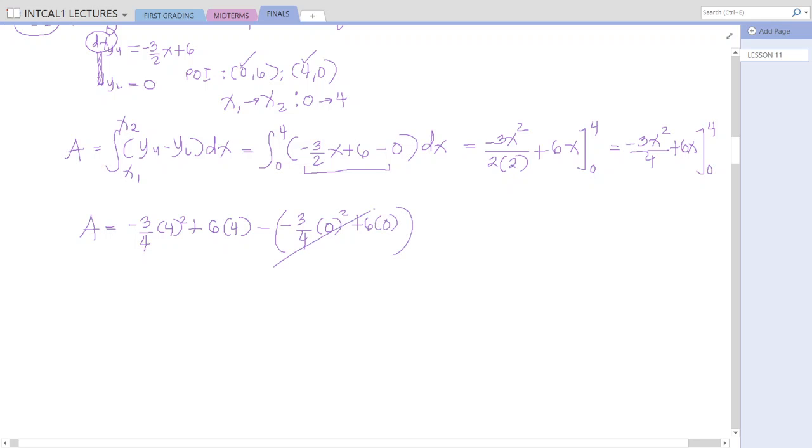Okay, so this one will be cancelled already. So what remained here is equal again to 12 square units. Okay, so our answer is the same, so this is also correct.